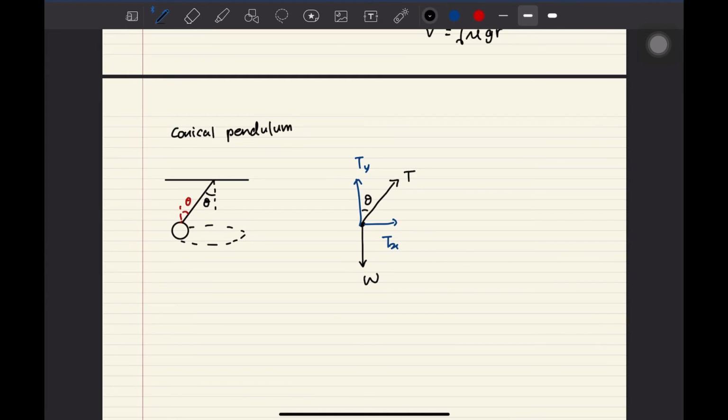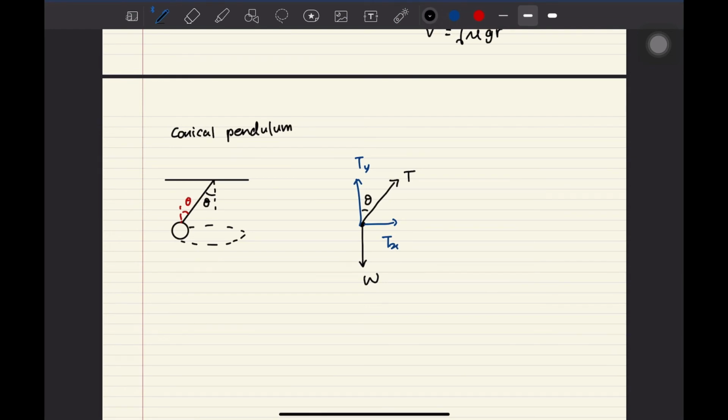And then you have to be careful a little bit about this theta. You have to read the question carefully. Sometimes they say that theta is the angle from the horizontal plane towards the string. This one they will call the angle between the string and the vertical line. Or they will give you a diagram like that.